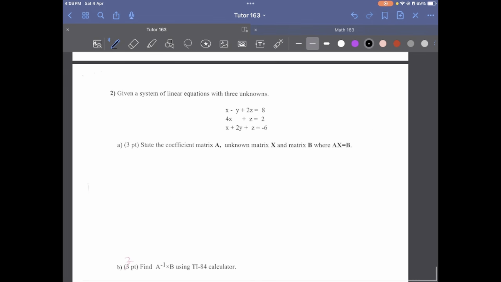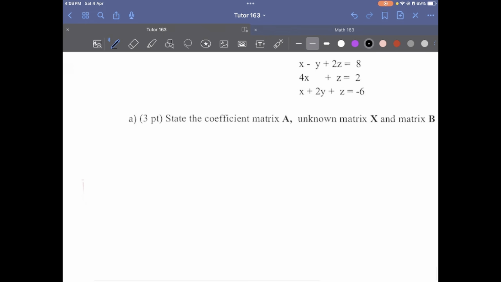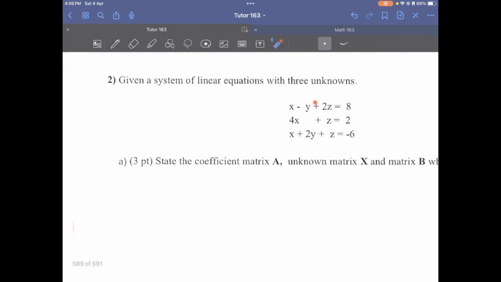Given a system of linear equations with 3 unknowns, state the coefficient matrix A, unknown matrix X, and matrix B where AX is equal to B. Okay, so the coefficient matrix A would just be this matrix right here. So you just set it up.